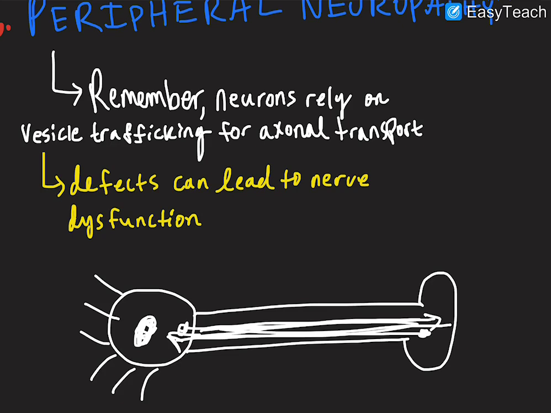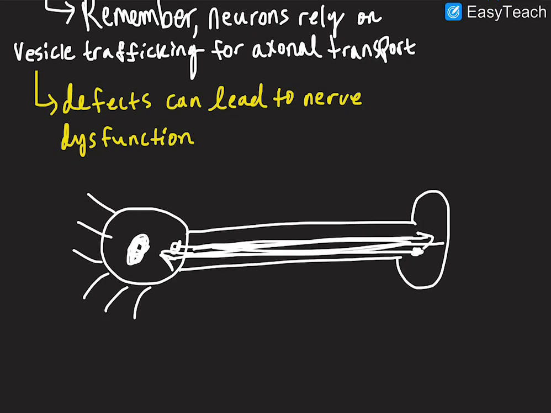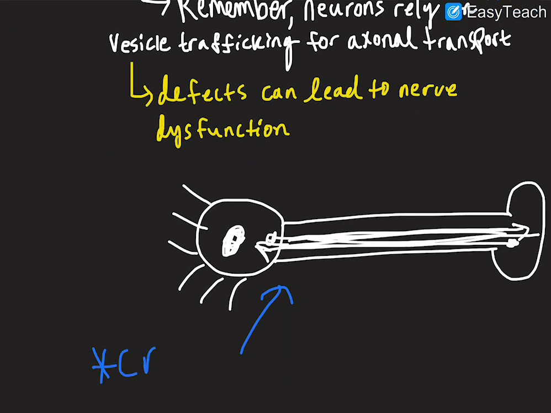And if you can't do this in your cranial nerves, like if this was a cranial nerve, for example, and you can't transport vesicles to and from, then you're going to get cranial nerve palsies, because you can't do proper axonal transport.